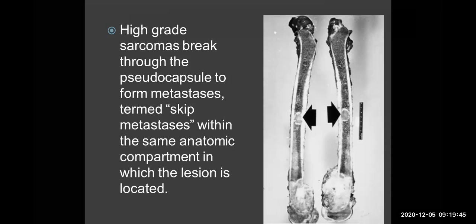Okay? This is a femur, right? This is a discontinuous lesion from the primary tumor. Here, we call it a skip lesion. If I have a lesion down there in the proximal tibia, I call this a metastasis, because the tibia is another compartment.